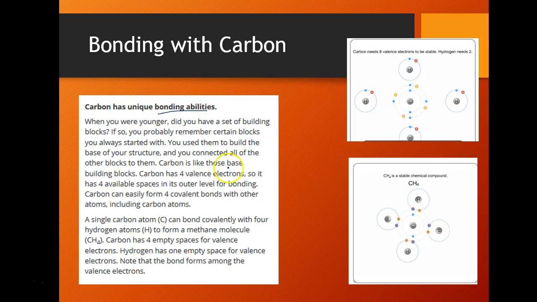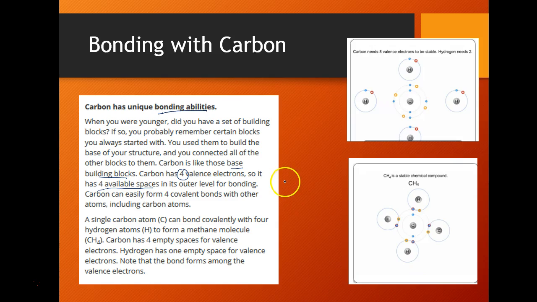So carbon is kind of like those base building blocks. Carbon has 4 valence electrons. Remember, we want 8 electrons in that outer ring, so it has 4 available spaces for bonding.